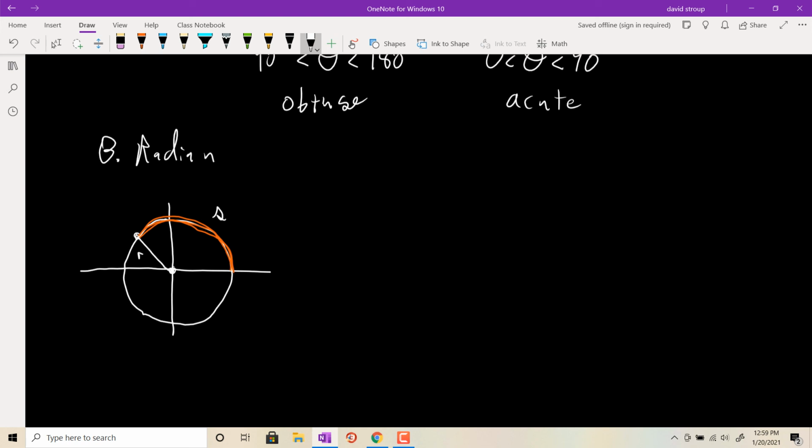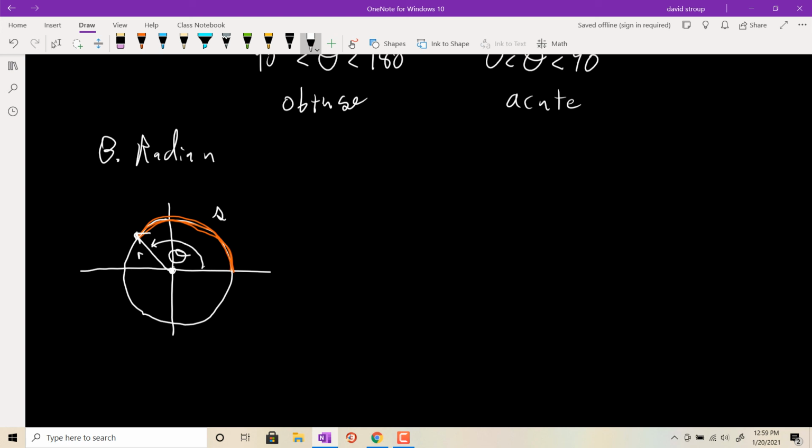Okay. Then you can talk about angles with regards to those two variables. So let's make an angle going from the positive x-axis, the initial side, to the terminal side, where I drew the radius. Let's call this whole thing theta.